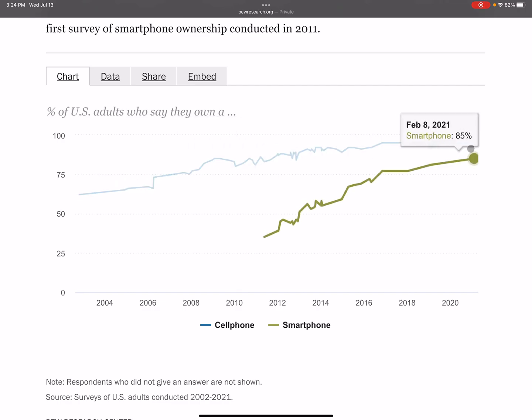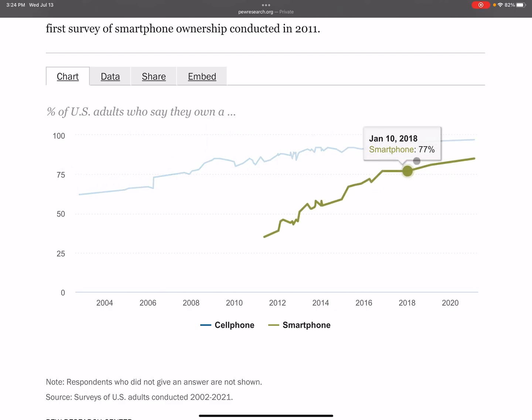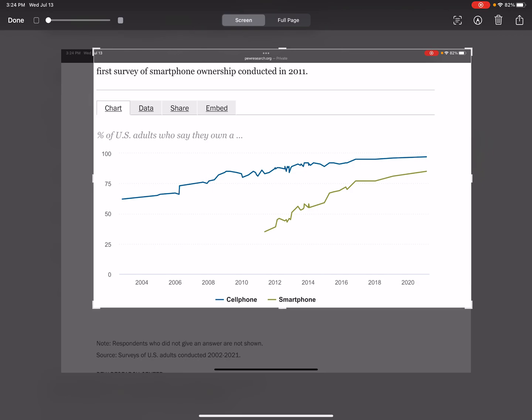What I'm going to do is choose this one, because it's more of a linear line and I can work with this. I'm just going to show you guys how I would do this.